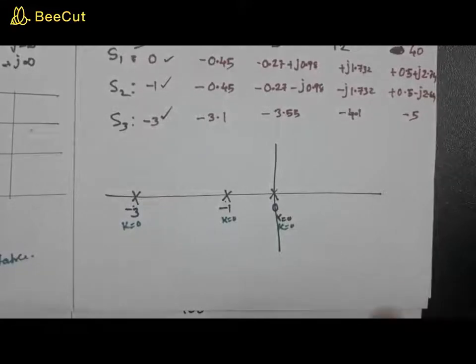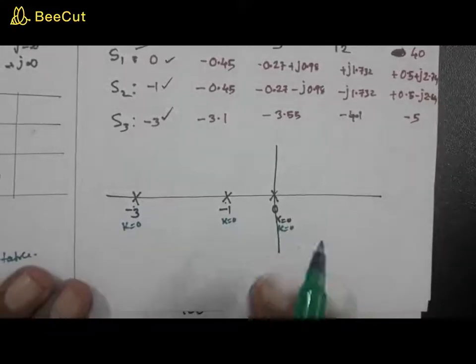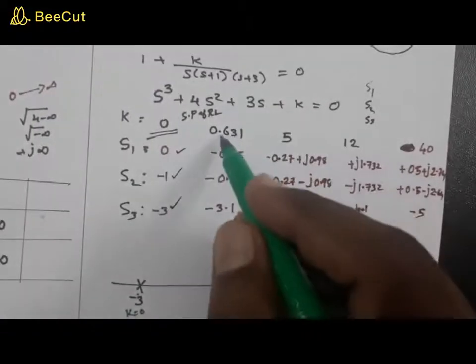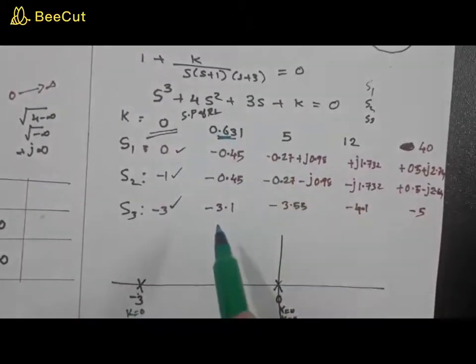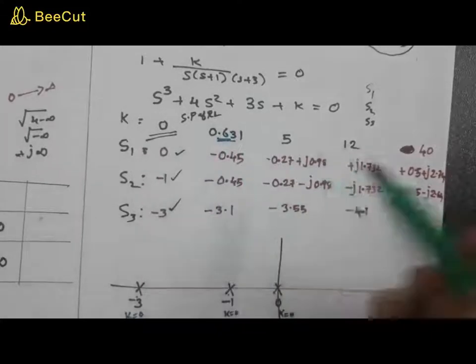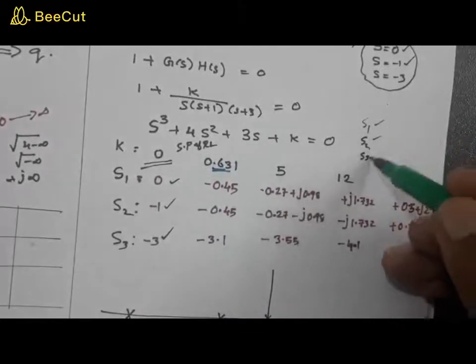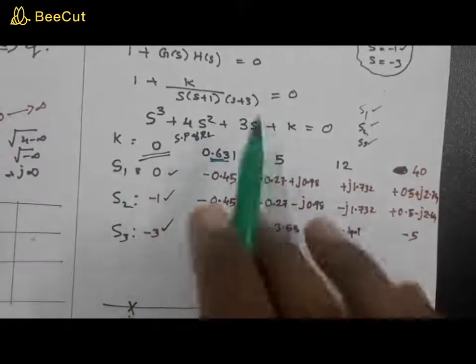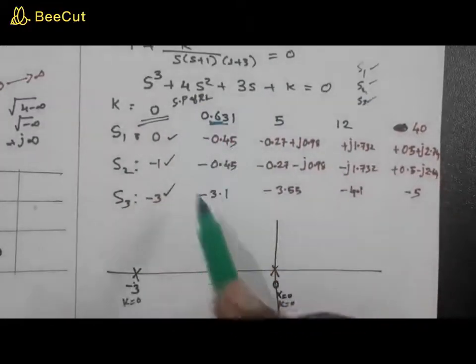Now we want to know how it goes. I have just arbitrarily selected another value, 0.63. Before that, you need to find out S1, S2 and S3 in terms of k, which you may do by yourself. Now apply into that.